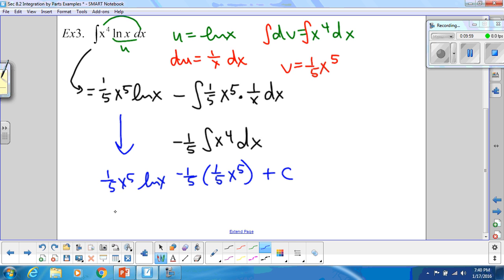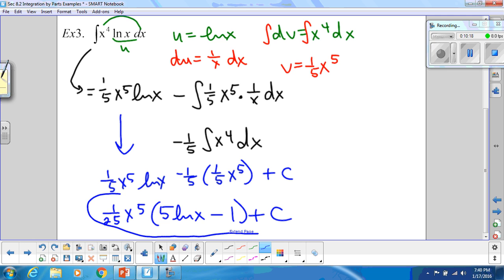And again, your back of the book would probably factor out the 1/25 x to the 5th. Okay, so that would leave us with 5 ln of x minus 1 plus c. And that would be our final answer.